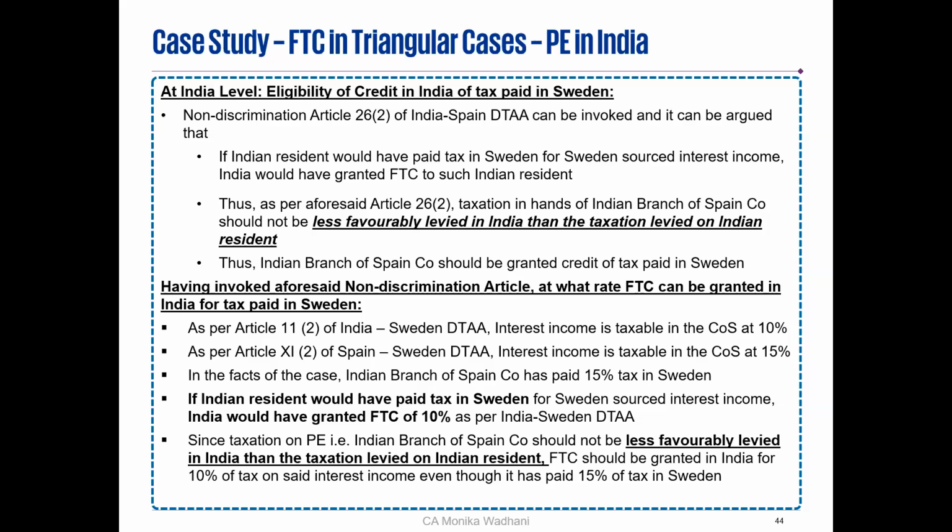However, it will not compel the tax department of the PE country to grant the credit of the taxes which its own residents are also not getting. And therefore, in this case, foreign tax credit by the Indian tax authorities may be restricted to 10%.